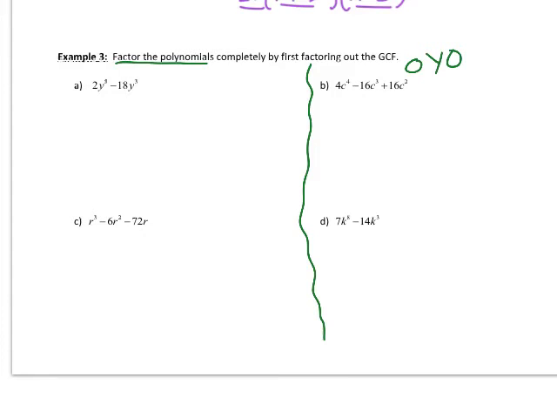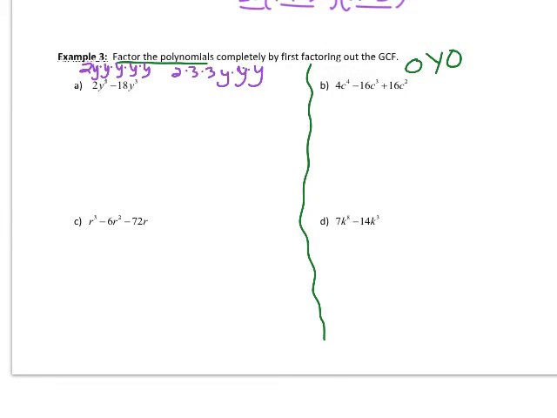So once again, if I do a prime factorization, the first term has 2 times y, and that's going to be 5 y's multiplied together. And if I do a prime factorization of 18y cubed, that's going to be 2 times 3 times 3 times y times y times y.